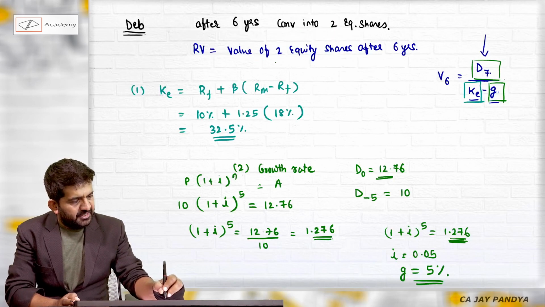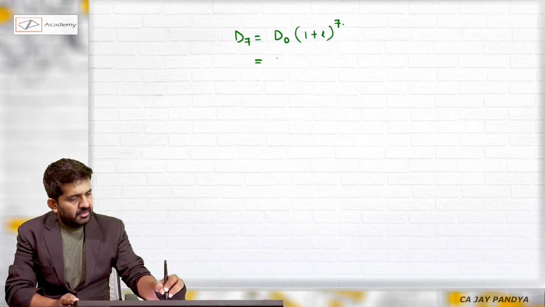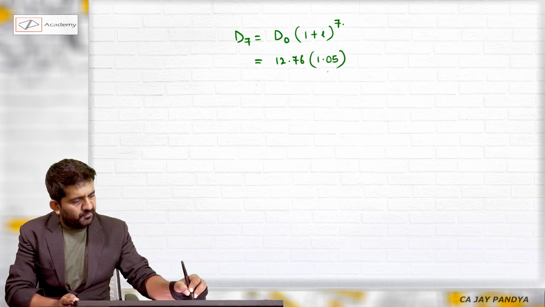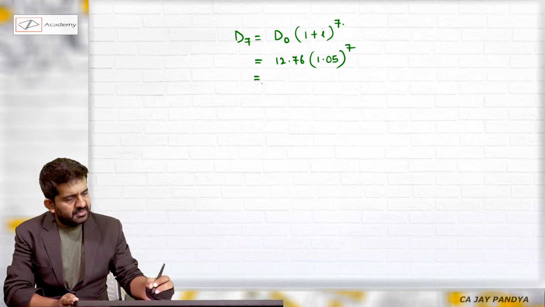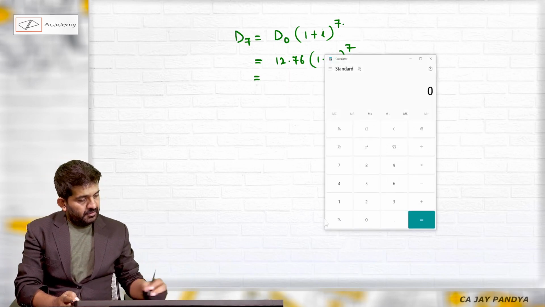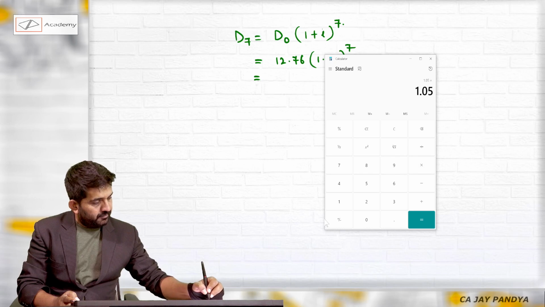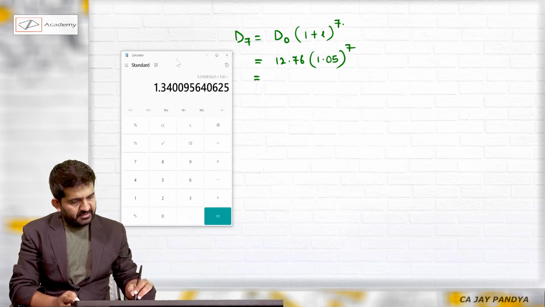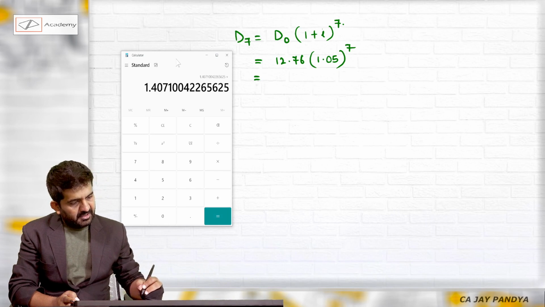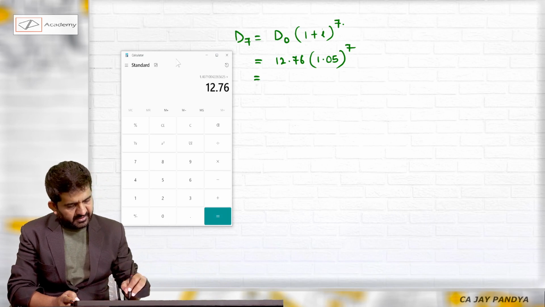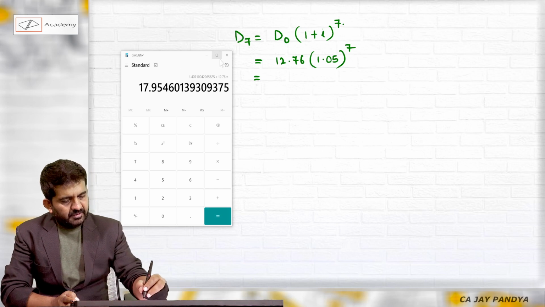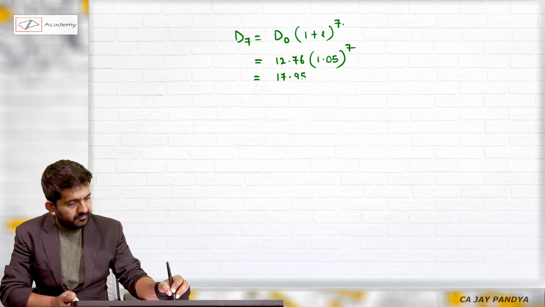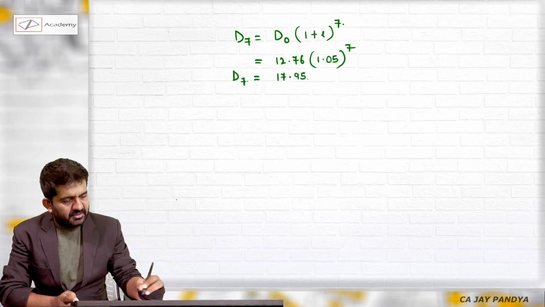That is D0 is 12.76, into 1.05, 5% raised to 7. 1.05 multiplied by itself 7 times, multiplied by 12.76. This is 17.95. This is nothing but answer of D7.